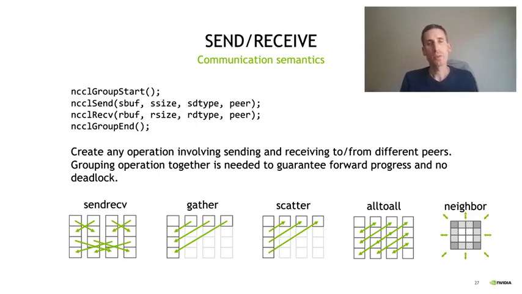It is very important to actually group those send receives if you ever want to guarantee that multiple send receives will be able to progress concurrently. And that is especially important because otherwise that could very easily create deadlocks. If you have a send and then a receive, the receive will be blocked by the send.